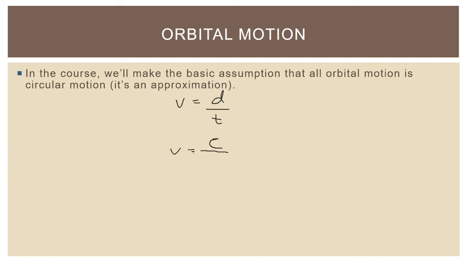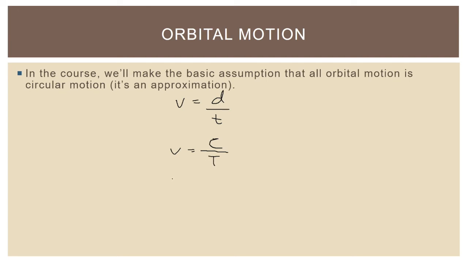And it travels the circumference of that circle in the amount of time it takes to go around once, to make one complete trip. And the amount of time for an object to complete one full orbit, if you remember back to Kepler's law, is called the period.